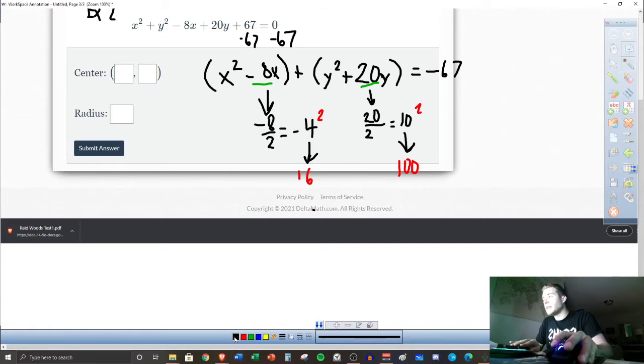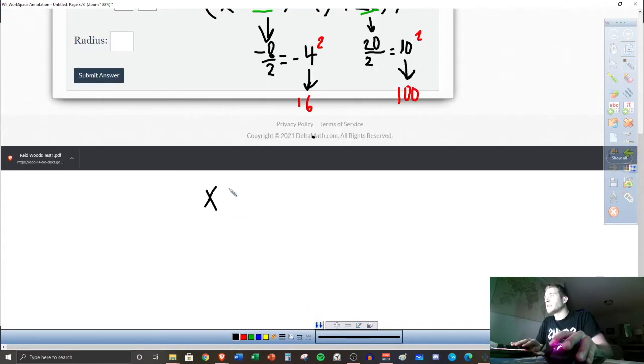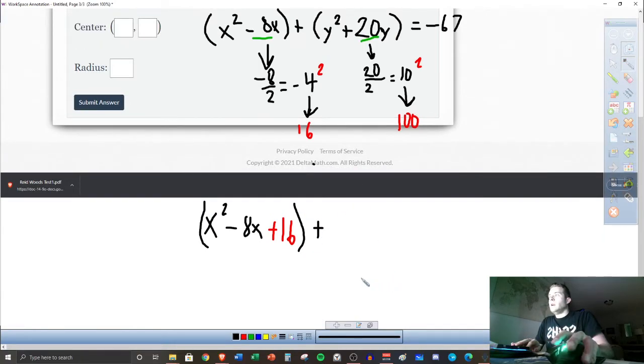So we're going to rewrite this. We go x squared minus 8x plus 16, parenthesis, y squared plus 20y, we add 100.